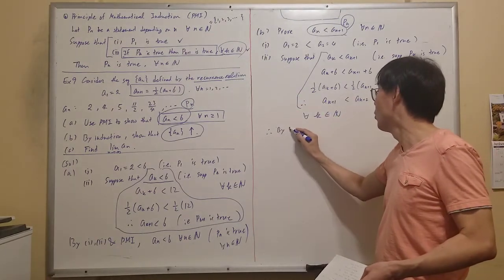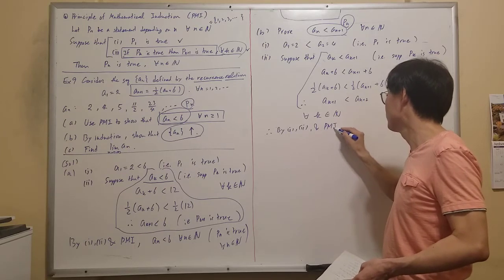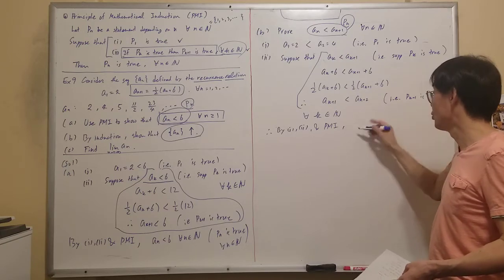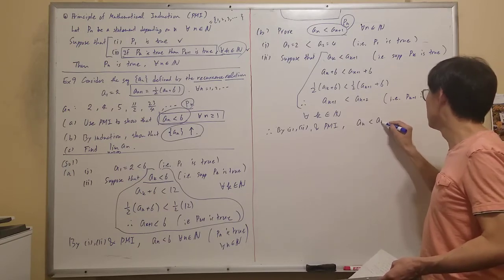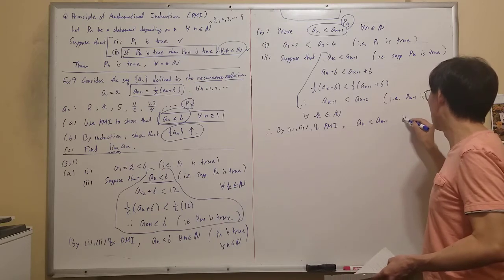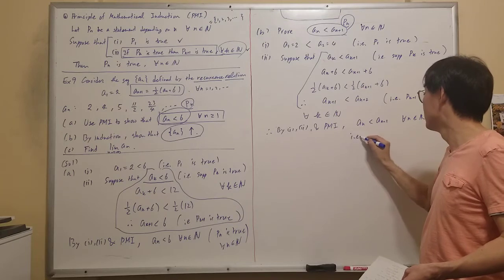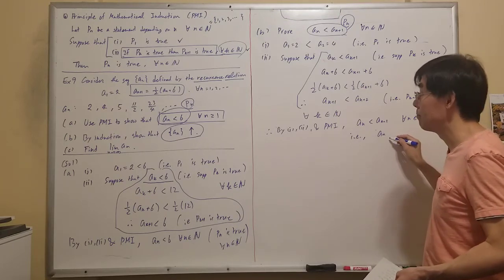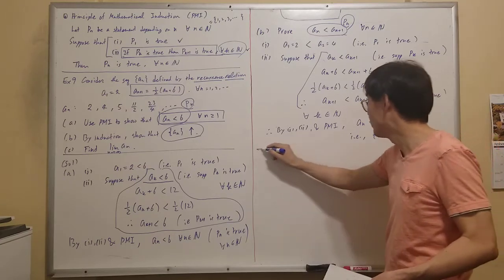Therefore, by 1, 2, and PMI, the principle of mathematical induction, we can say that Pn is true. That means all terms satisfy this for all n, that is, your sequence an is increasing.